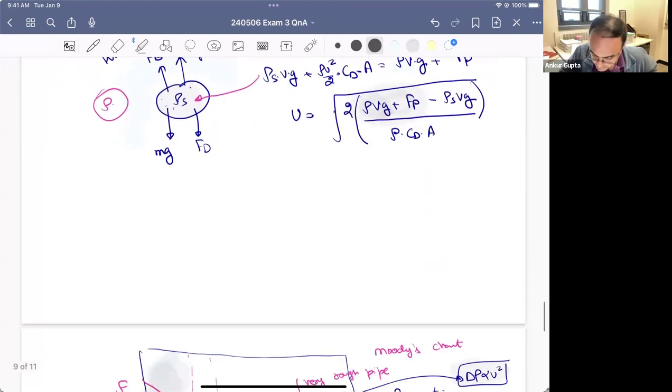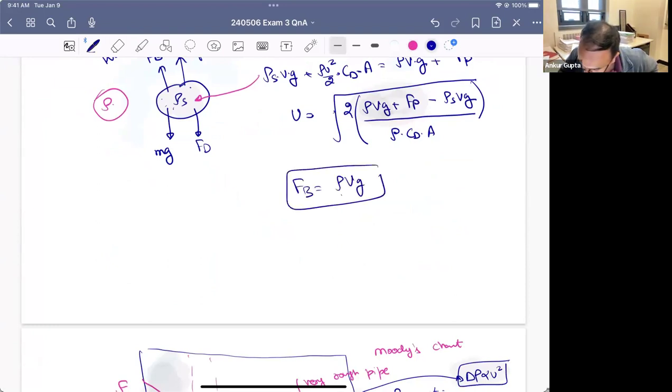Yes, you can always assume FB is always going to be rho Vg, regardless of what it is. This rho is the fluid density, the one that is outside the object. This is the volume of the object. This is always going to be true, and FB is always going to be upward. This is what we discussed in part 1 of the course, right?